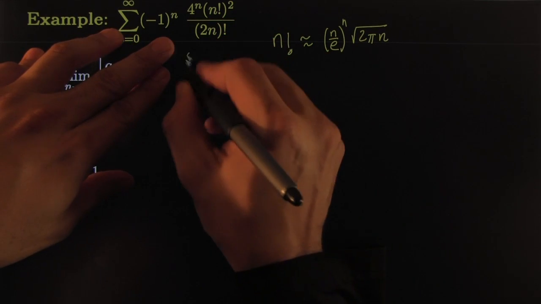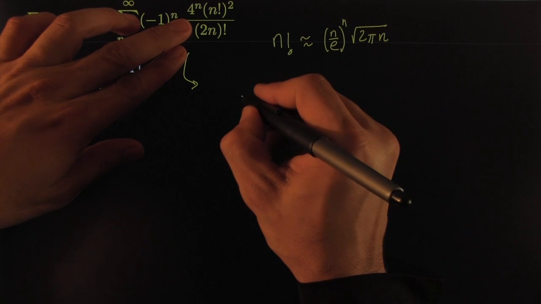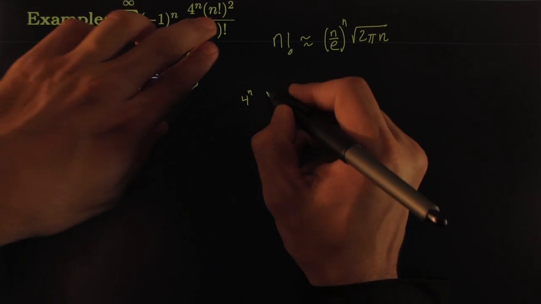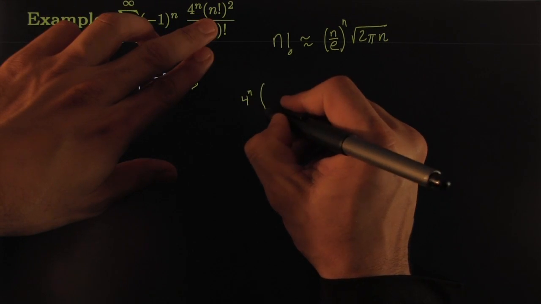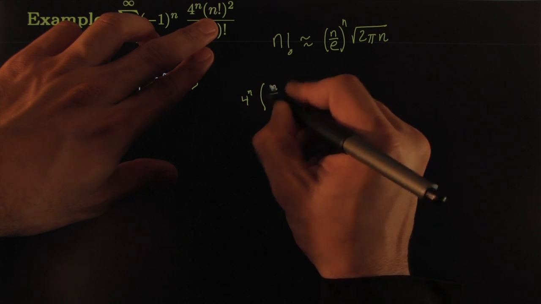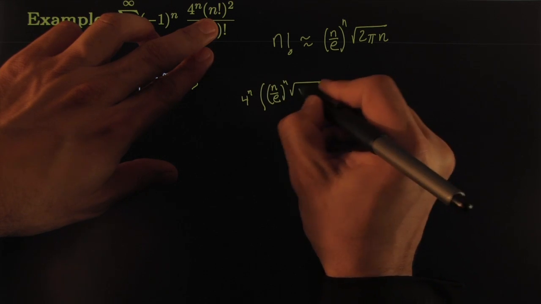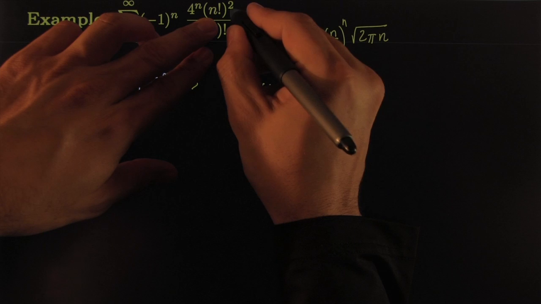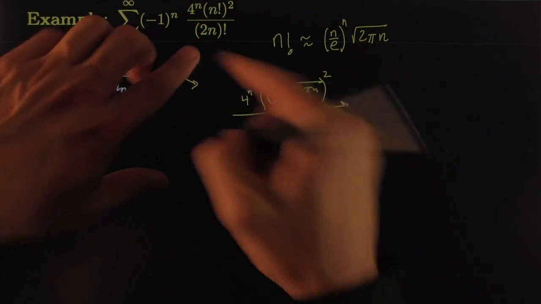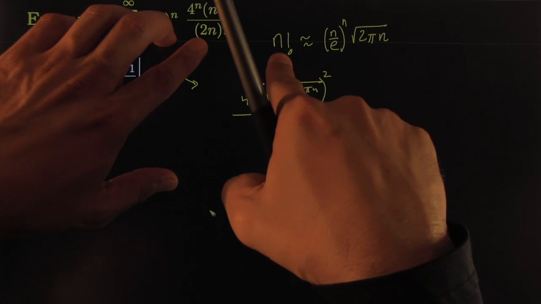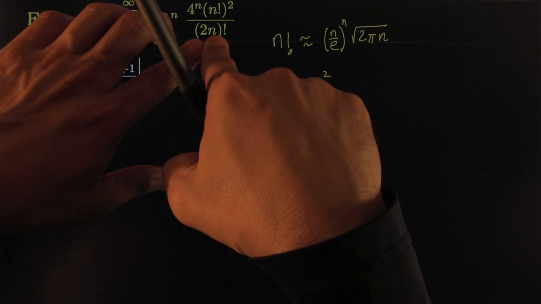So this tells you that this roughly looks like 4^n times n factorial, and I've got my estimate for n factorial there. It's (n over e)^n times the square root of 2 pi n, that squared, all that over 2n factorial. Well, if I've got an estimate for n factorial, I can also get an estimate for 2n factorial.